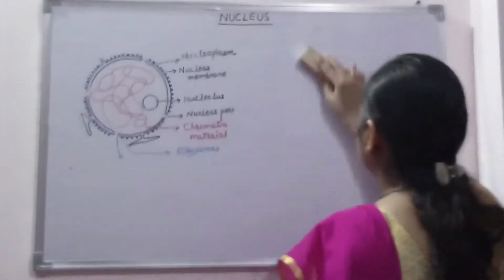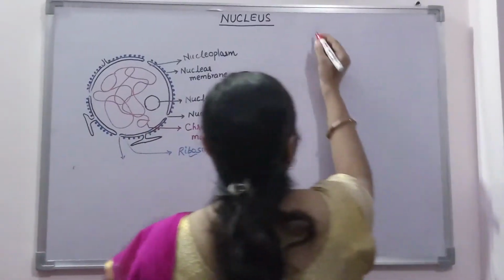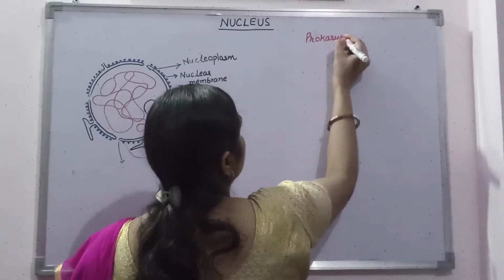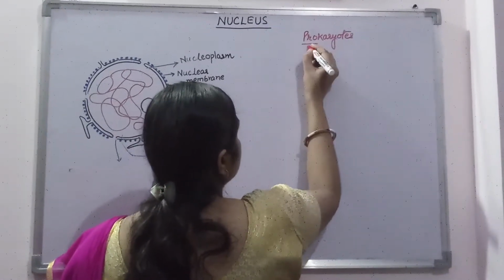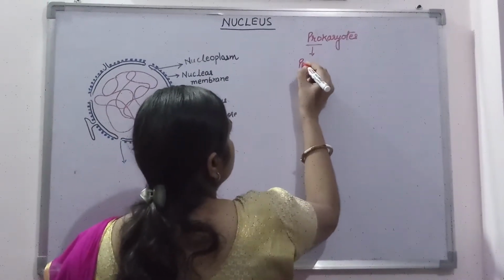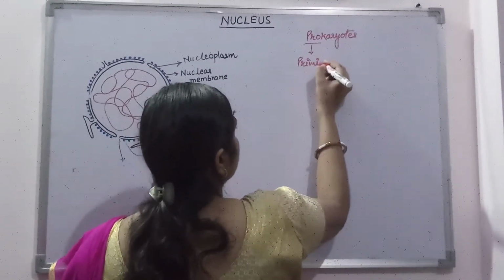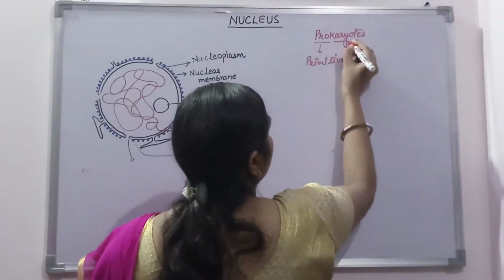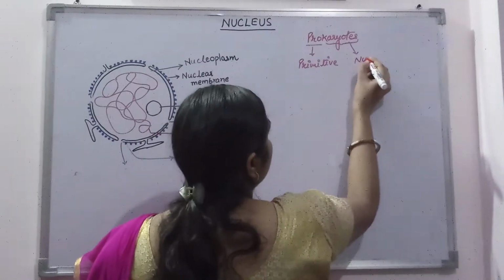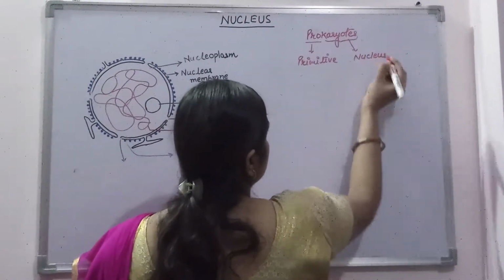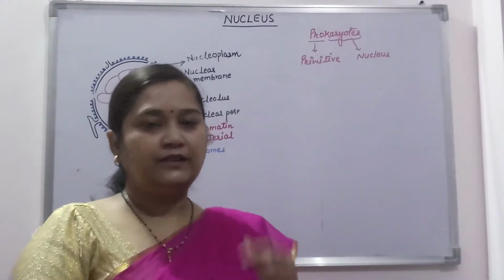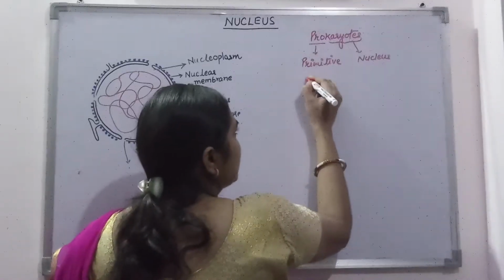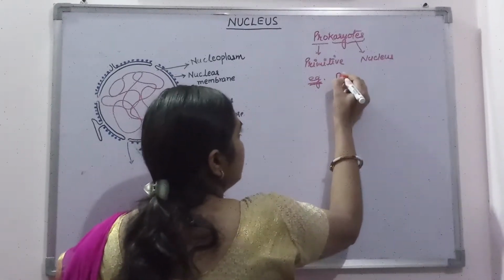Fine. In prokaryote, pro means primitive and karyote means nucleus. That means a cell which is primitive, and we are going to discuss the nucleus of that primitive cell. Most accepted and most common example is bacteria.